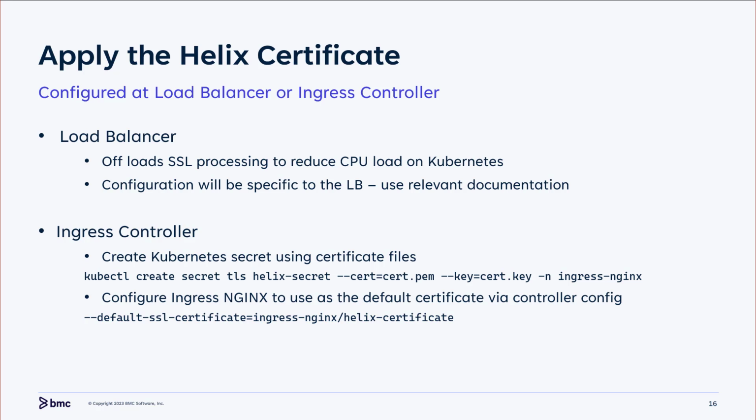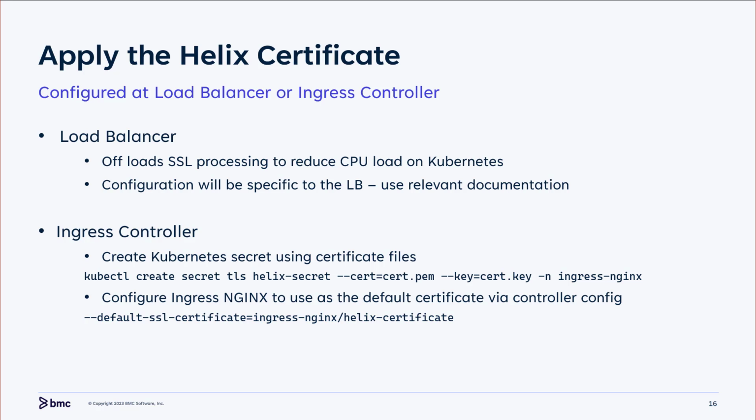If you decide to do it at the ingress controller, the encrypted connection comes into the load balancer, which just passes it through, and it's up to the ingress controller to do the decoding. In this case, you need to create a secret using the certificate and the keys that were provided by your certificate authority. That's created within a namespace in the cluster, and then you change the configuration of Ingress Nginx.